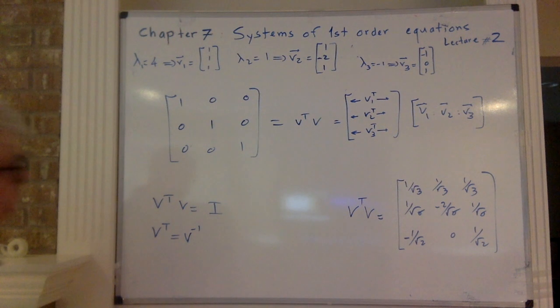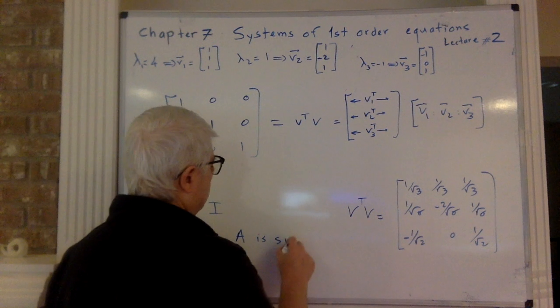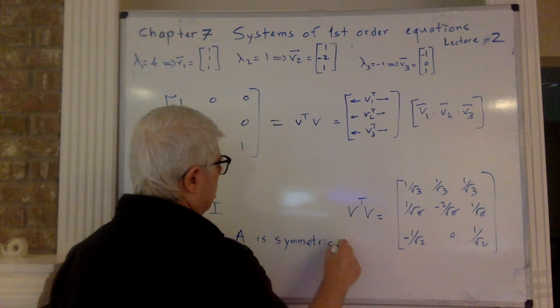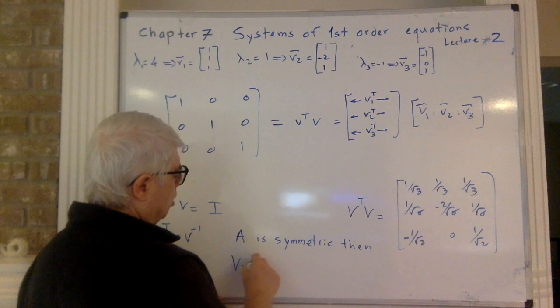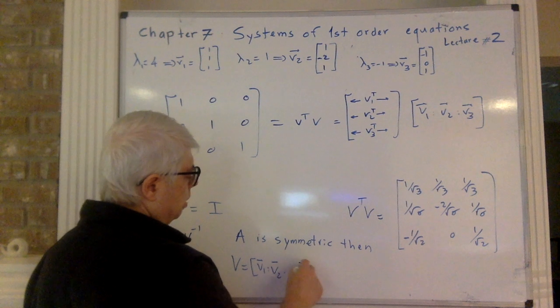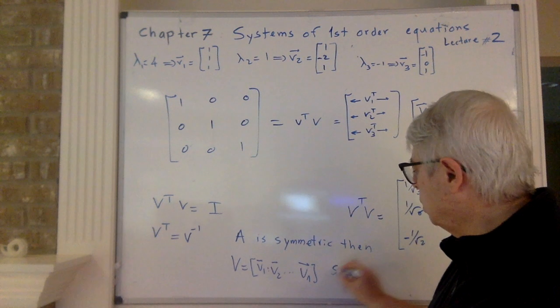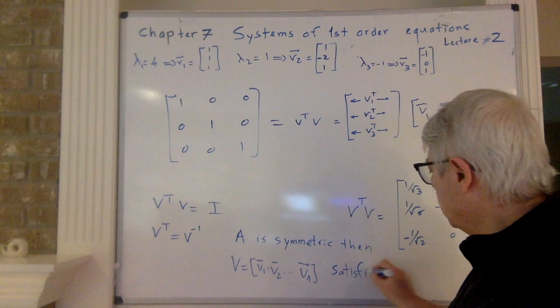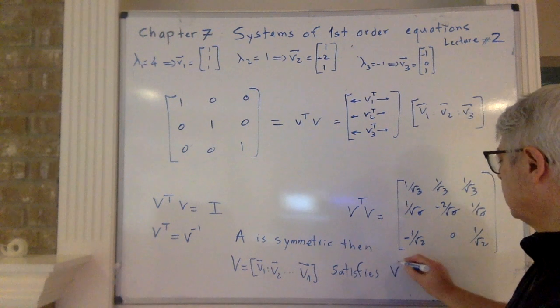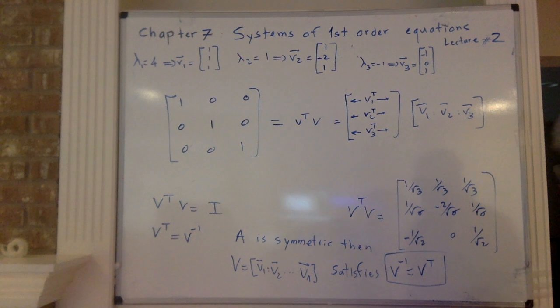That's something. So if A is symmetric, then V, which is V1, V2, up to Vn, say, satisfies V inverse equals V transpose if the Vi's are normalized.